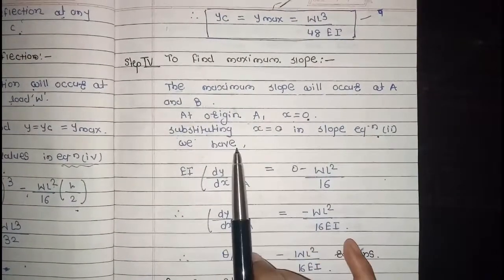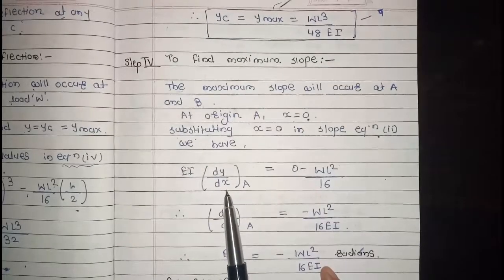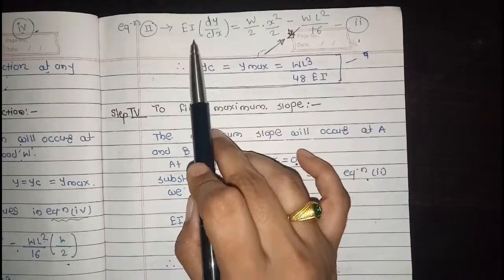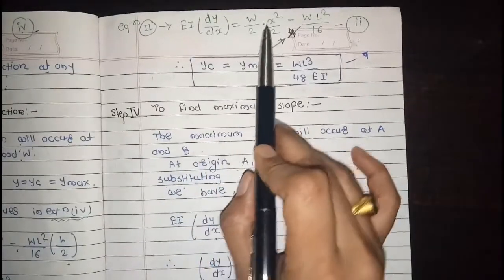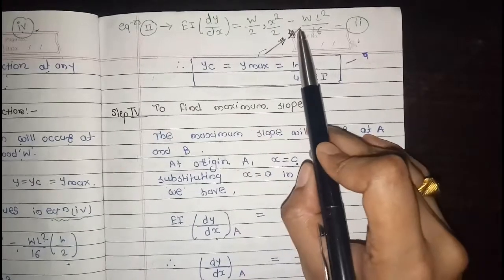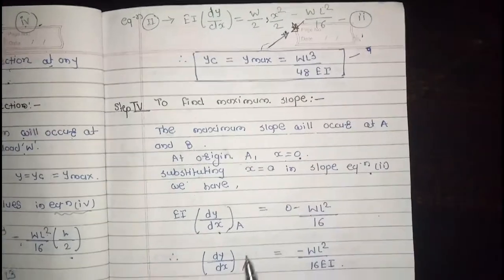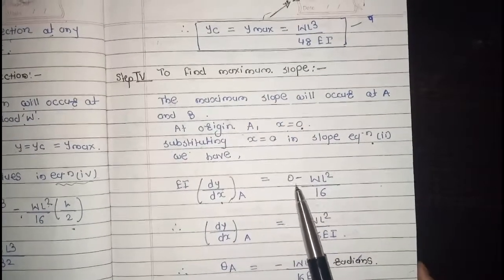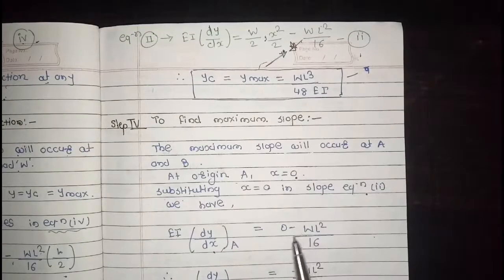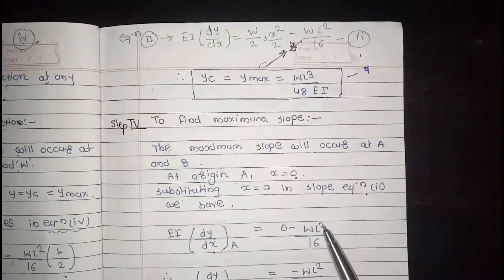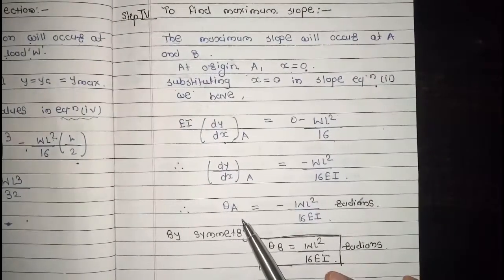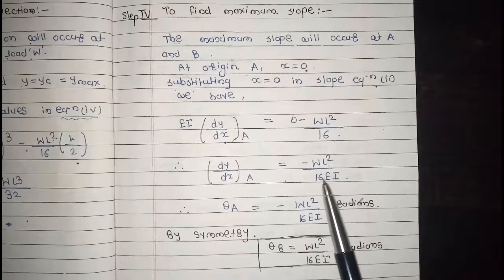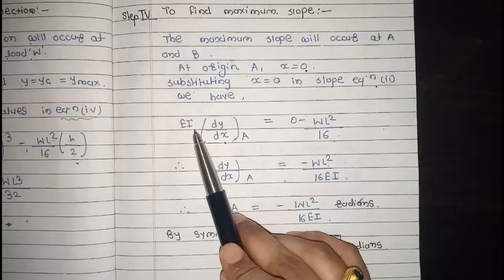then we get EI dy by dx at point A. See this equation number 2. EI dy by dx is equal to w by 2 into x squared by 2 minus wL squared by 16. So EI dy by dx at point A is equal to 0, x is equal to 0, minus wL squared by 16. dy by dx at point A is equal to minus wL squared divided by 16 EI.